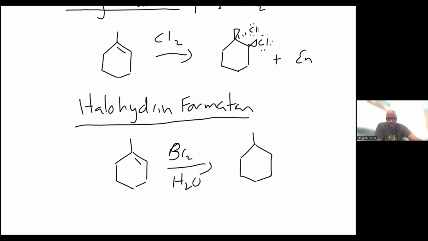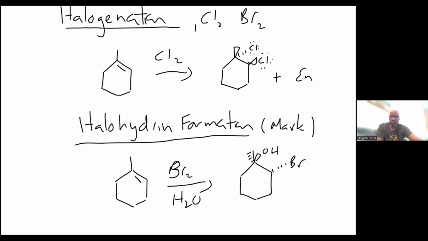And I'm going to have an OH on the more substituted carbon and a halogen on the less substituted carbon. So this is actually a Markovnikov addition. Neither of these involve any rearrangements because they don't involve a carbocation.